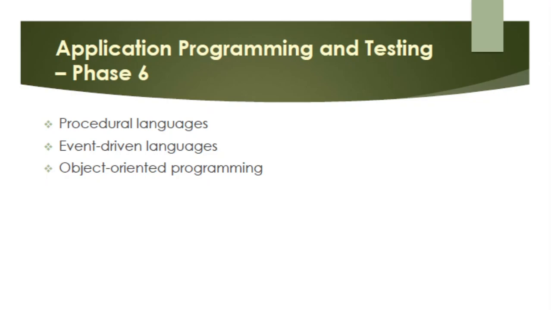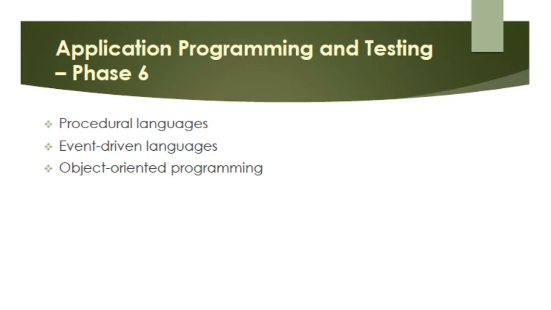Next phase is the application programming and testing. So this stage is to select a programming language from among the various languages available and suitable to the application. So these include procedural languages, event-driven languages, and object-oriented programming languages.